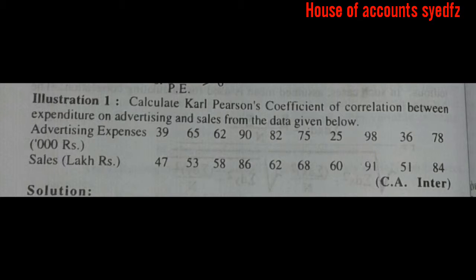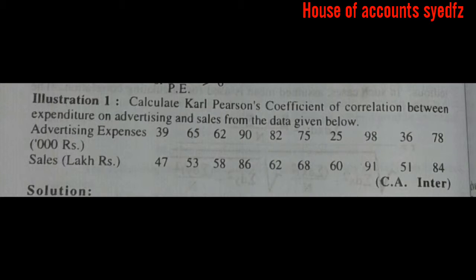Here in the question: calculate Karl Pearson coefficient of correlation between expenditure on advertising and sales from the data given below. So advertising expenses and sales are given.